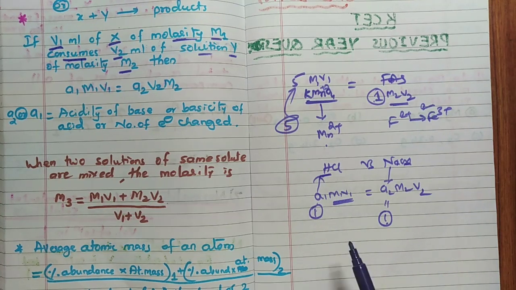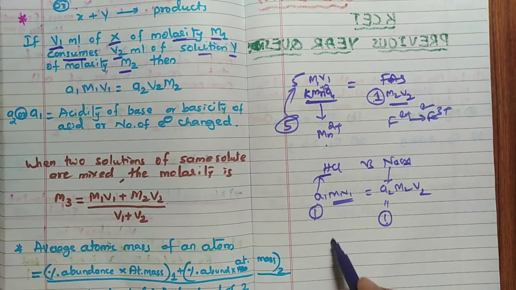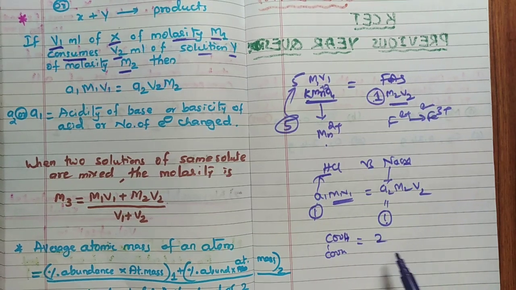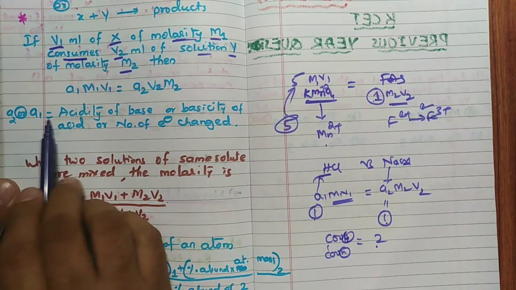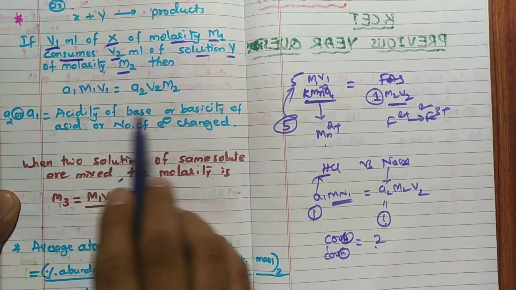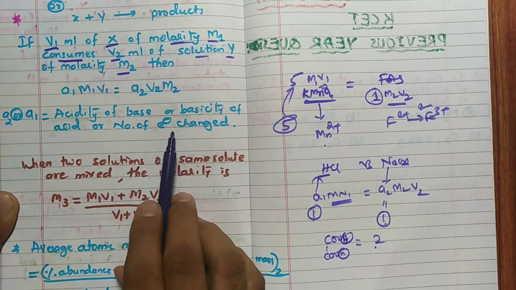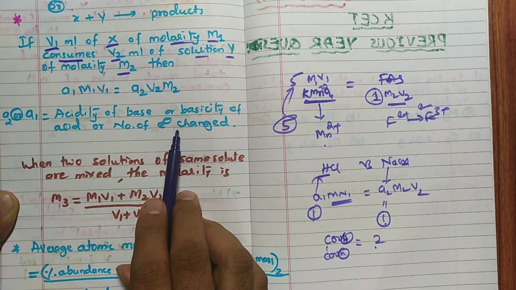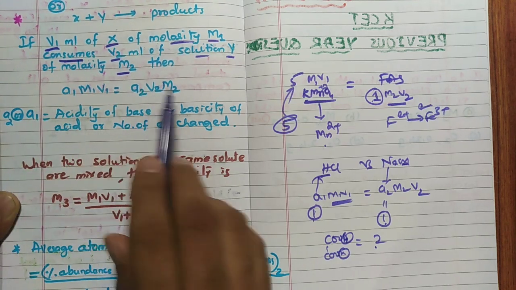Basicity of the acid is 1, one replaceable hydrogen, so 1. If it is oxalic acid, COOH, COOH, we have considered 2, that is, basicity of the acid is 2, two hydrogens are there. So A1 or A2 may be the acidity of the base, basicity of the acid, or number of electrons changed in the oxidizing and reducing reagents. You can substitute that and get the answer.